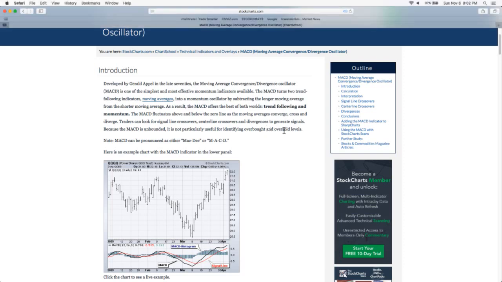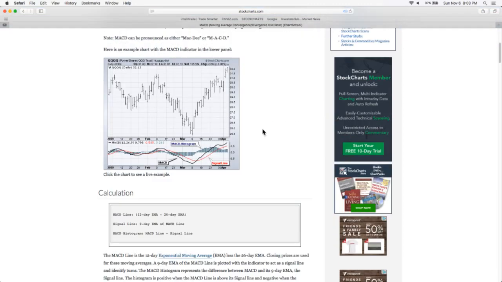The reason it's so powerful is because it's using two different moving averages to calculate momentum. So it offers a trend and momentum.